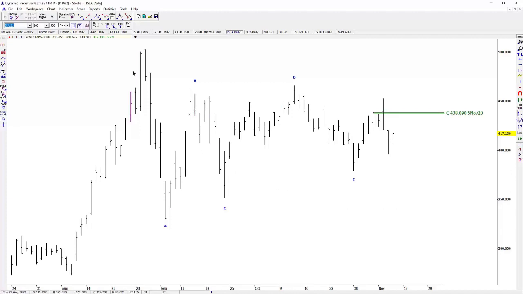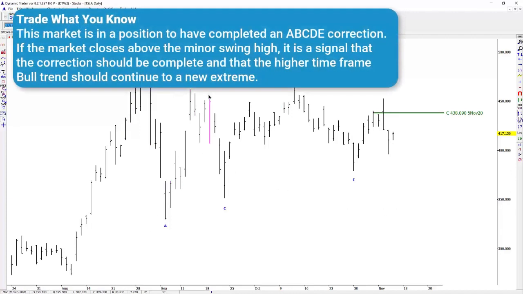Here's what I know. I know that we've got 5 distinct sections of a potential A, B, C, D, E. Haven't broken it down in subdivisions, not showing any price relationships or indicator relationships, just the pattern signifying it's a correction and it's in a position to complete that correction.